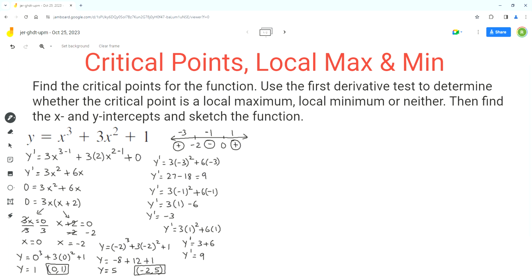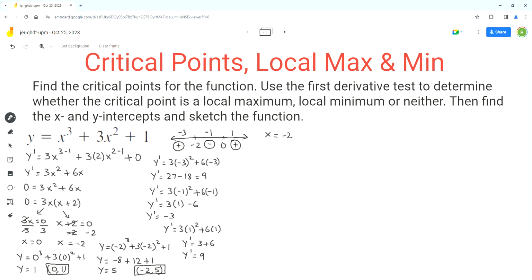Now we have to analyze the increasing and the decreasing property of this function to identify which critical point is local maximum and which one is local minimum. Now let's start with the first critical number, x equals -2. On the left side of -2, the function is increasing because y prime is positive.